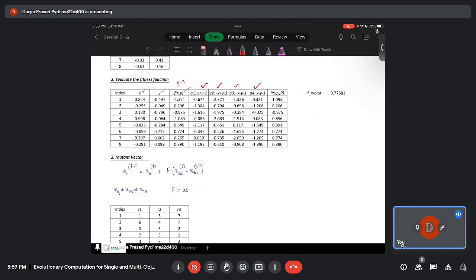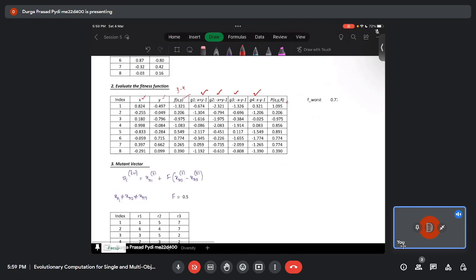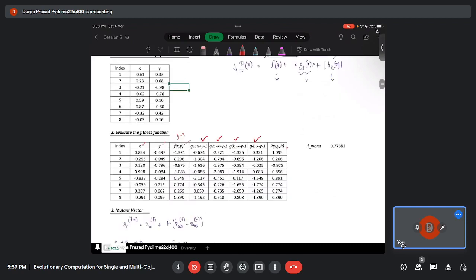Now comes the penalty function. The penalty function is defined in this particular way. I have used Deb's approach. So that is equal to f of x comma y if you have a feasible solution.